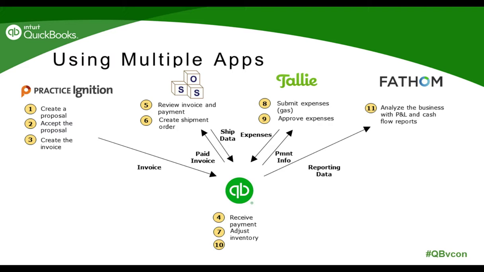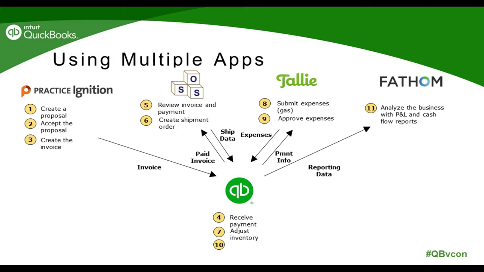In this case, SOS inventory pushes and pulls, right? It's bisynchronous. So SOS inventory will be able to see that invoice and the payment that goes with it, and then create the shipment order, and then that ship data will go back in.